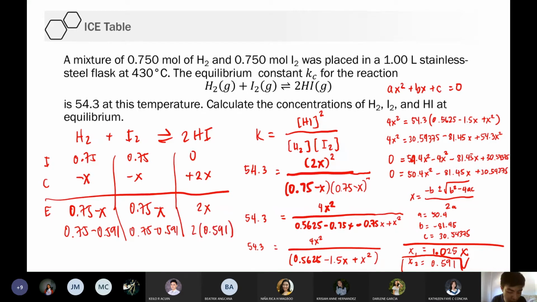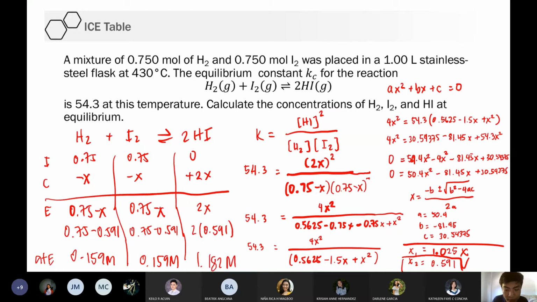So the equilibrium concentration for hydrogen gas is 0.159 molar. For iodine, that will also be the same, 0.159 molar at equilibrium. And for HI, that will be 1.182 molar at equilibrium.